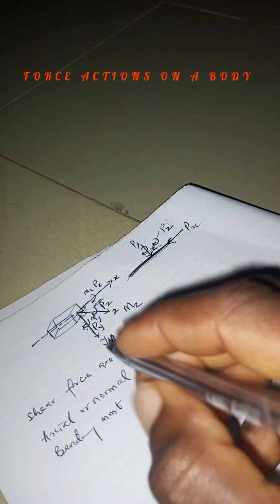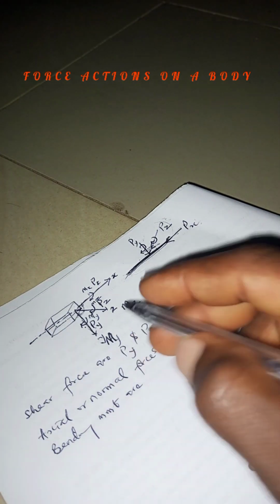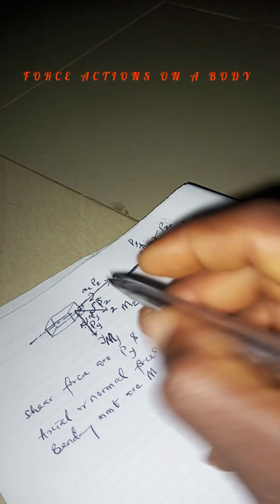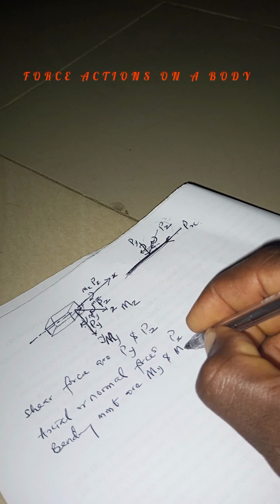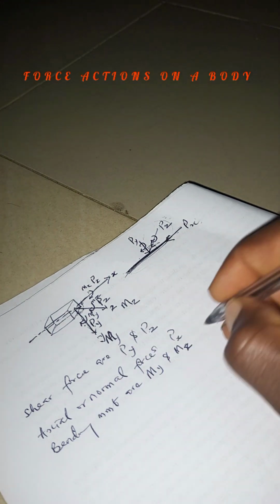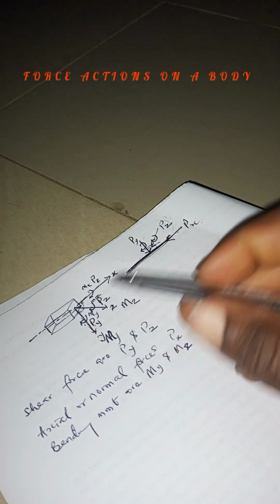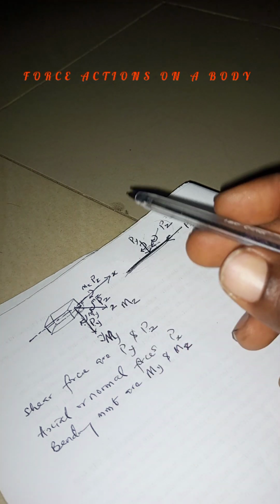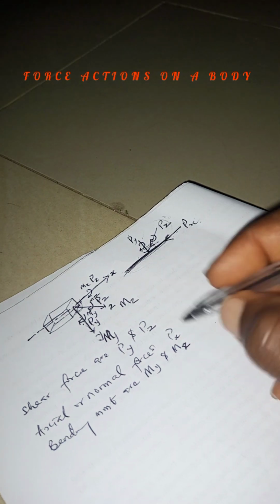Now, the bending moments are My and Mz, because they are forces. These are the bending actions about the plane normal to the element's axis.